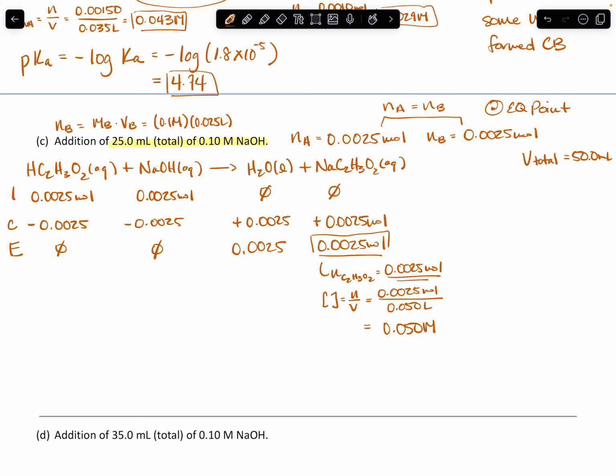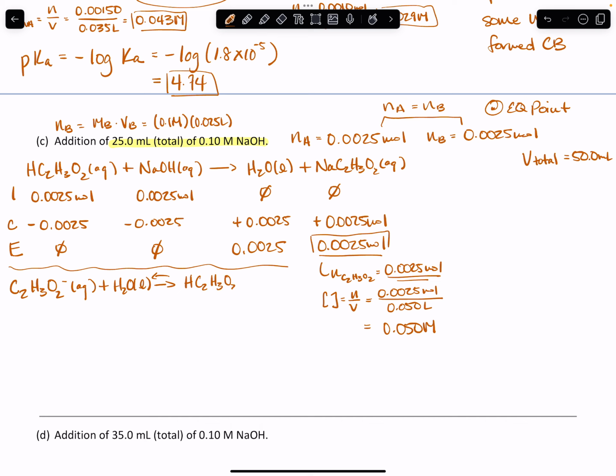Now I need to think about the ionization of this weak base. So I start with C2H3O2 minus, that's your acetate. In the presence of water, it is going to accept a hydrogen ion, forming acetic acid, and leave behind a hydroxide from that water.